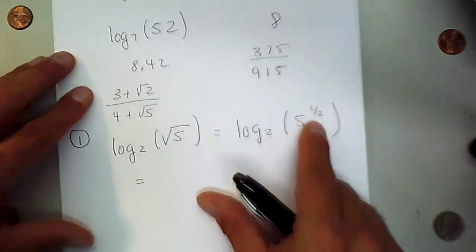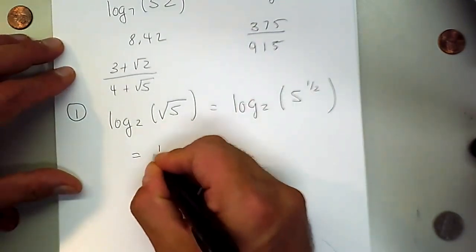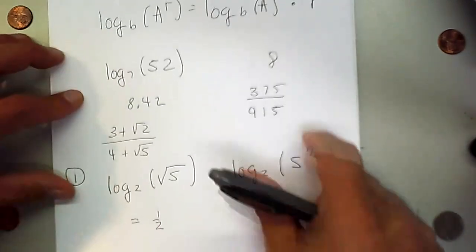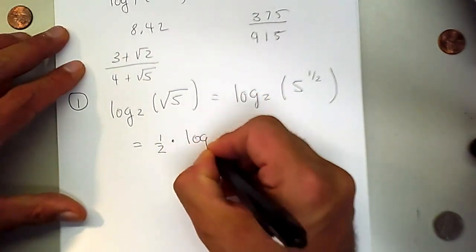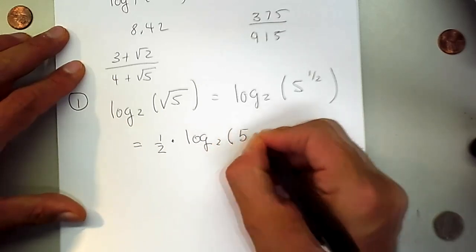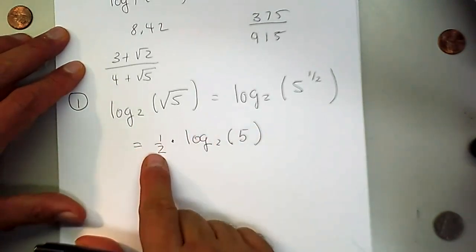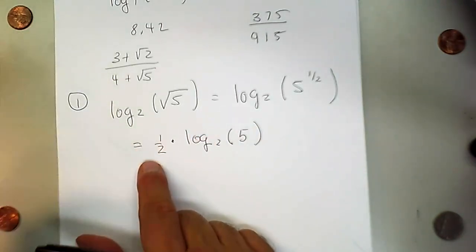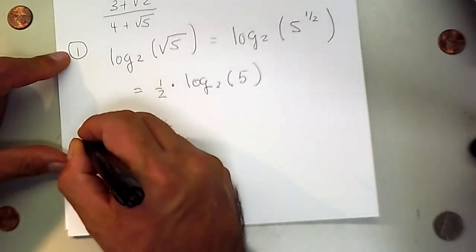To avoid confusions or ambiguities altogether, we usually put the 1/2 first. So that is the exponent, that is like the r, and then multiplied with the logarithm in base 2 of 5. There we go. So whatever this is, it's a number. We're going to multiply it with 1/2. Let's do a few more examples.